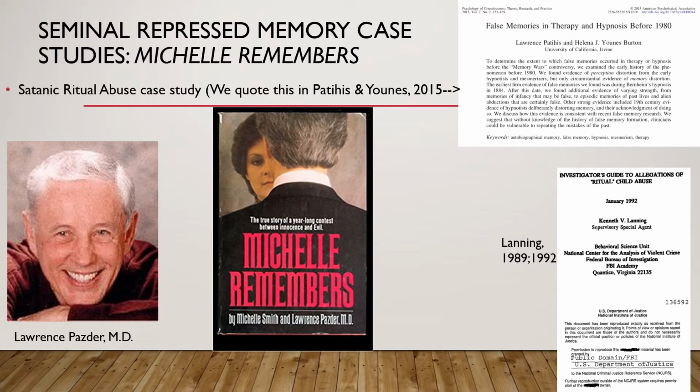There's not even any evidence that there was a cult or that she was in a cult. If you're interested in the details of what was written in the book Michelle Remembers by Pazder and Smith, it's on pages 125 to 126, that little thing that I just summarized.